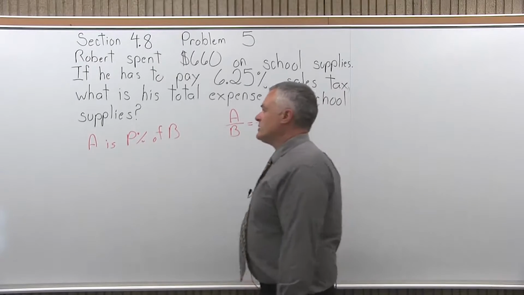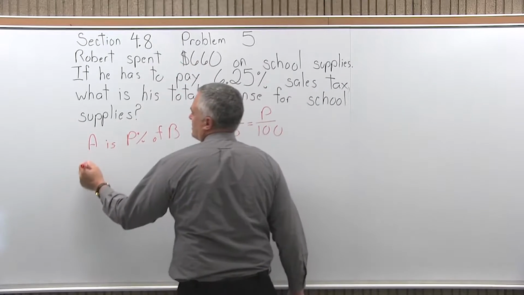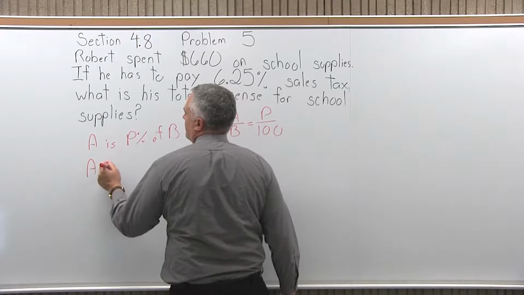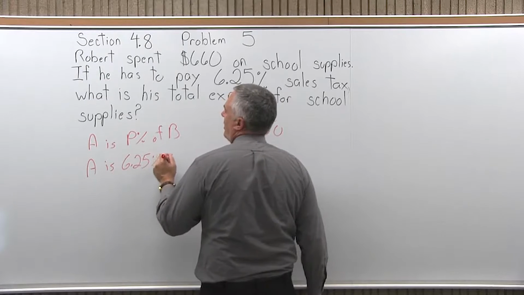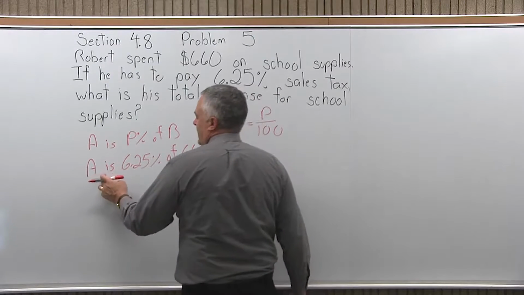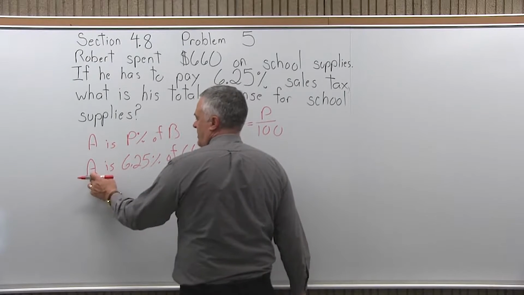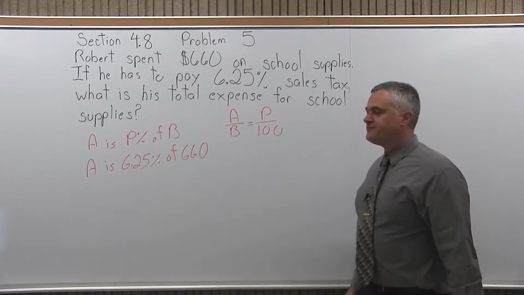I can. I want to see how much tax he pays on 660. That would be the A. A is 6.25% of 660. That's A is P percent of B. A, the amount of tax paid, is 6.25% of 660.